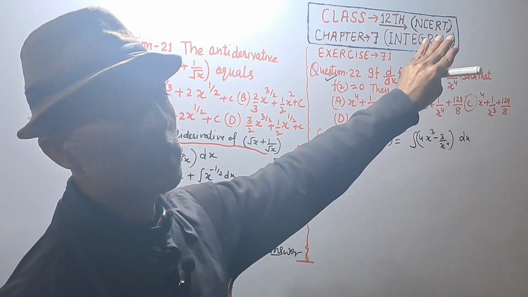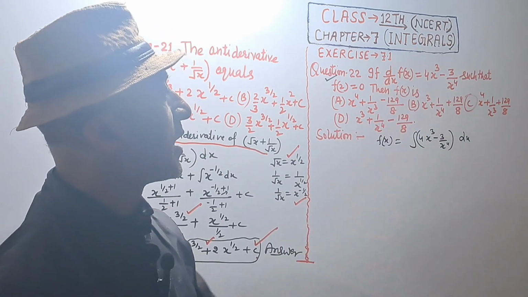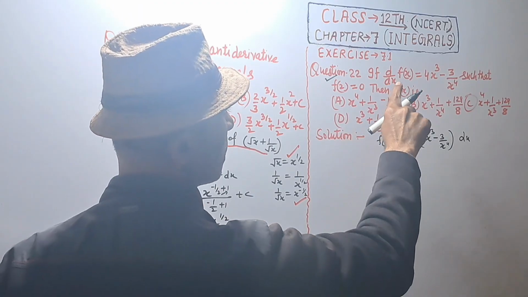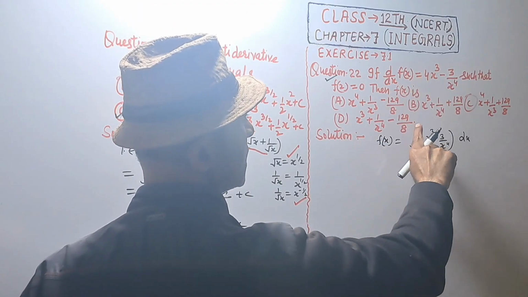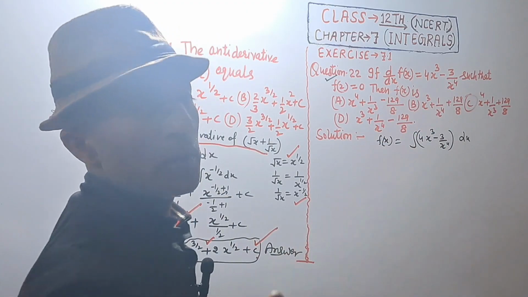So f(x) equal to integration of right side, that is integration of 4x raised to power 3 minus 3 upon x raised to power 4.